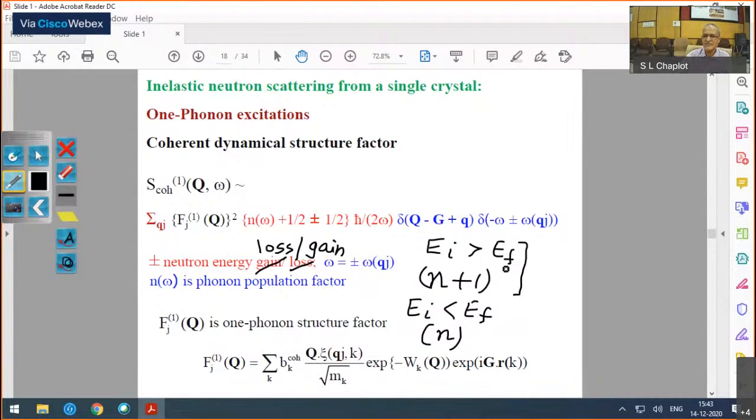now when we say low temperature, what we actually mean is that if h cross omega is much larger than kT, so for energies which are much larger than kT, or in other words, when the temperature is small compared to the phonon energy, in that case, n is negligible, and therefore such a phonon can be measured only in neutron energy loss.